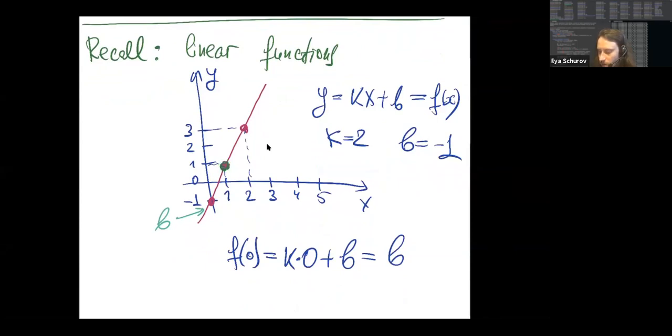If I increase the value of x, I will make one step to the right, and then to stay on the line, I have to increase the value of y. So this is x increment, and this is y increment.